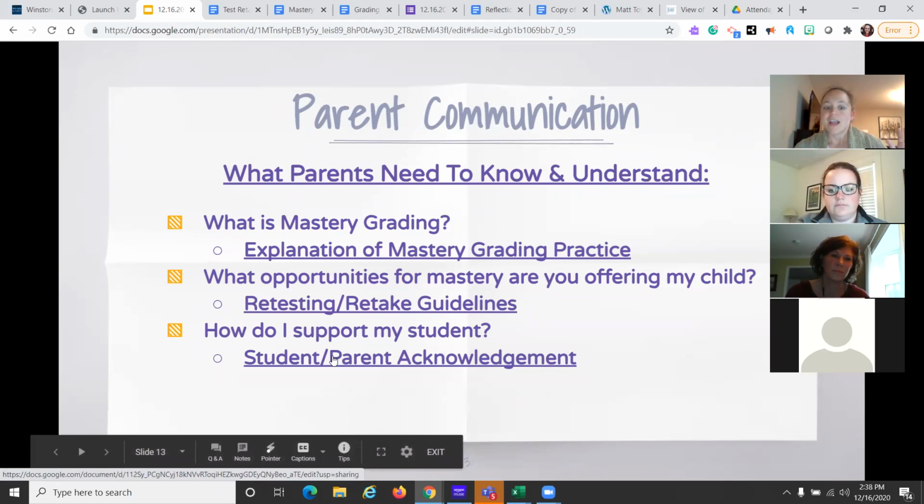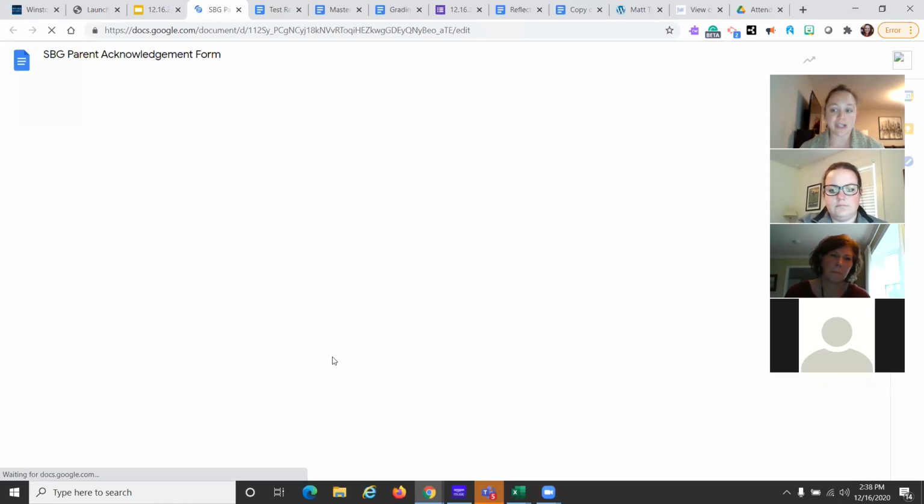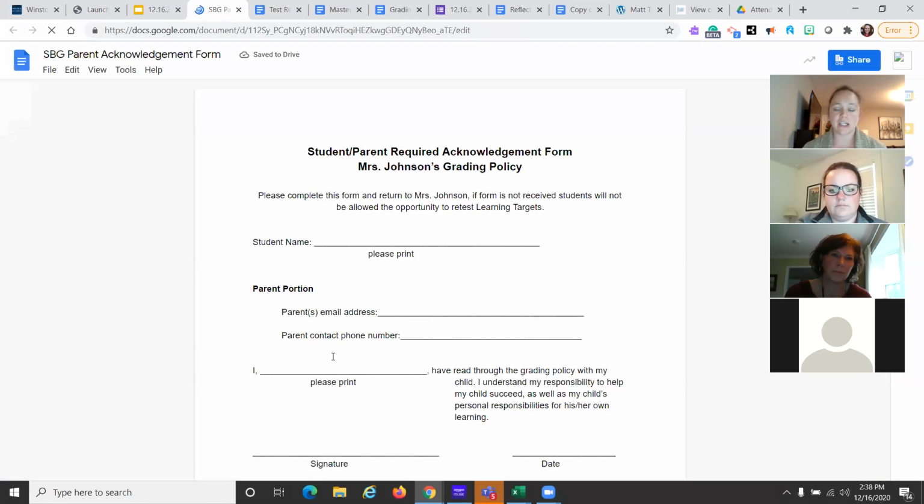out there that she has used. And then after quite a bit of articulation and talking through what this really meant in her classroom and the why behind it, she had students and parents sign an acknowledgement. And what I love is that in the student part of this, the student acknowledges that my learning is part of my responsibility in the classroom.